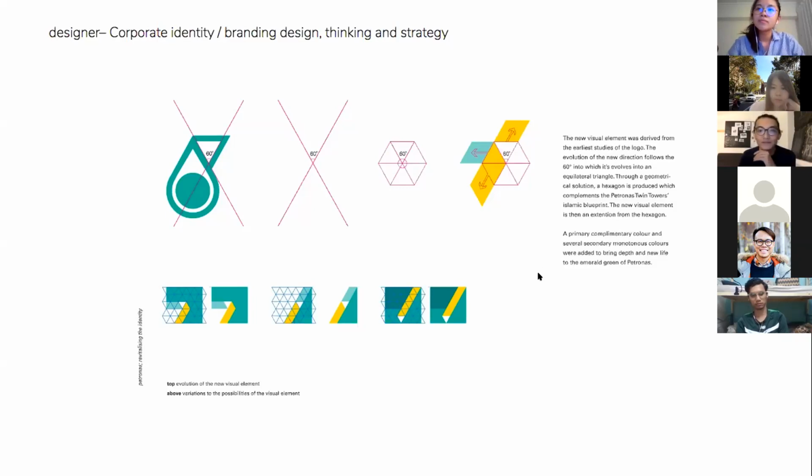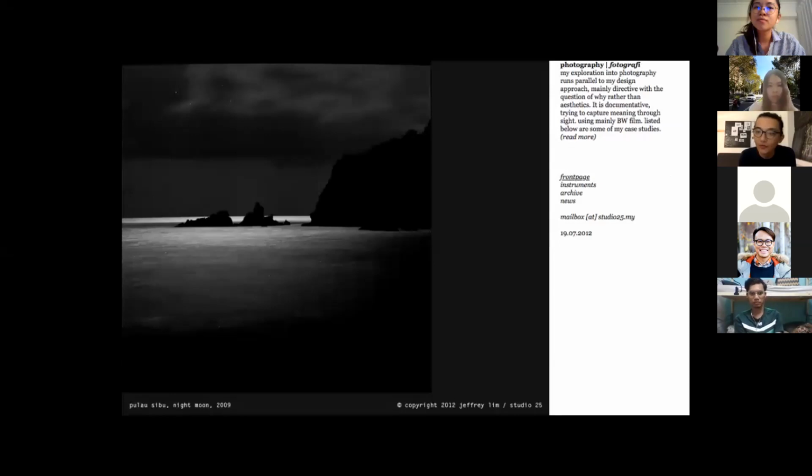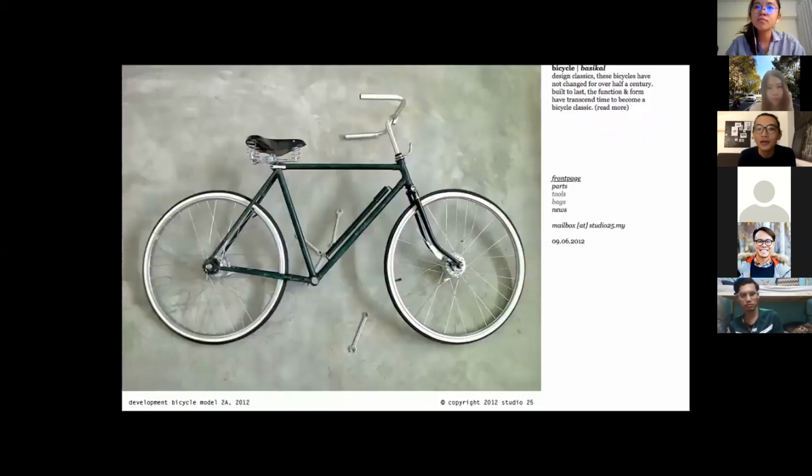Apart from that, I came back and started my own design practice. I do design, and I also go into packaging, but mainly corporate identity or branding. I do photography, and I love working with bicycles. I research a lot into the culture of bicycle making in Malaysia.